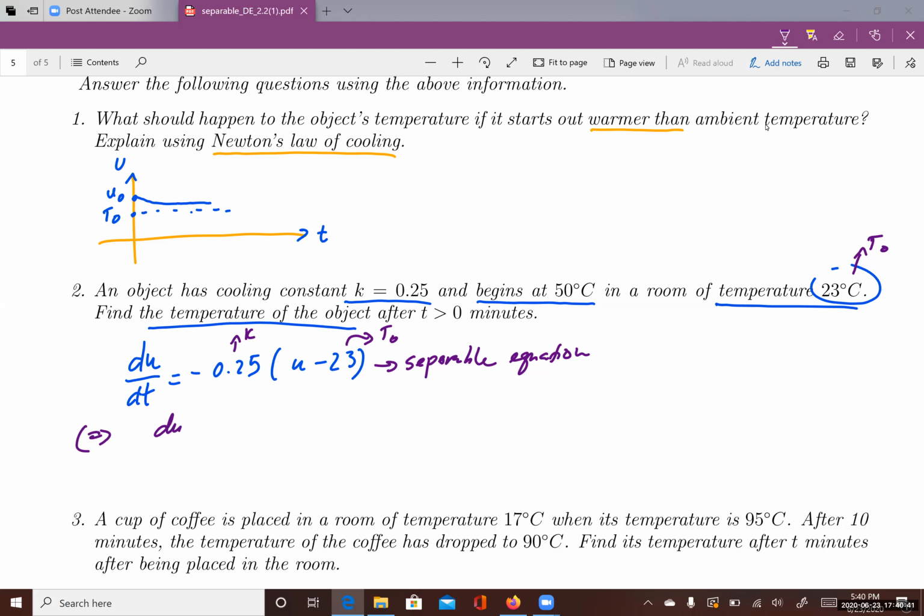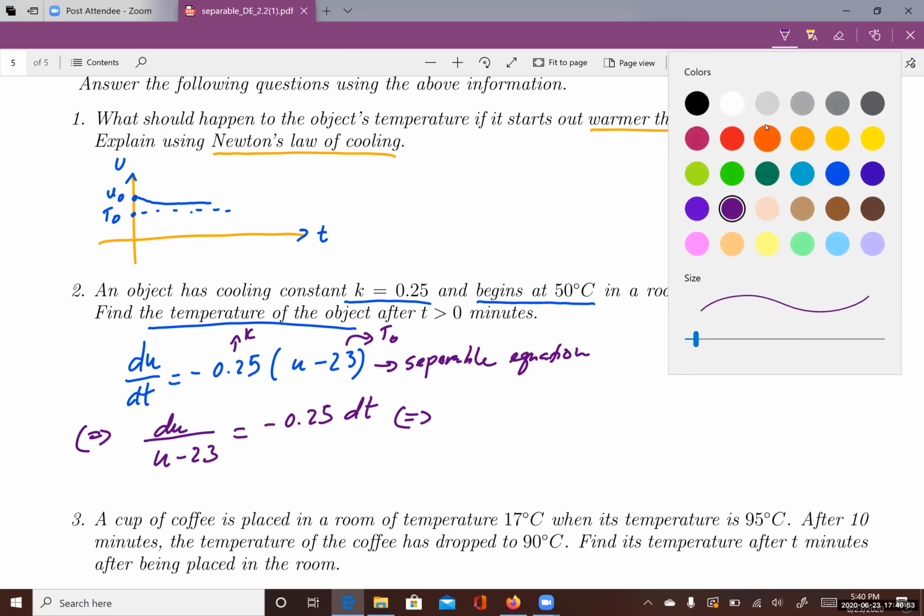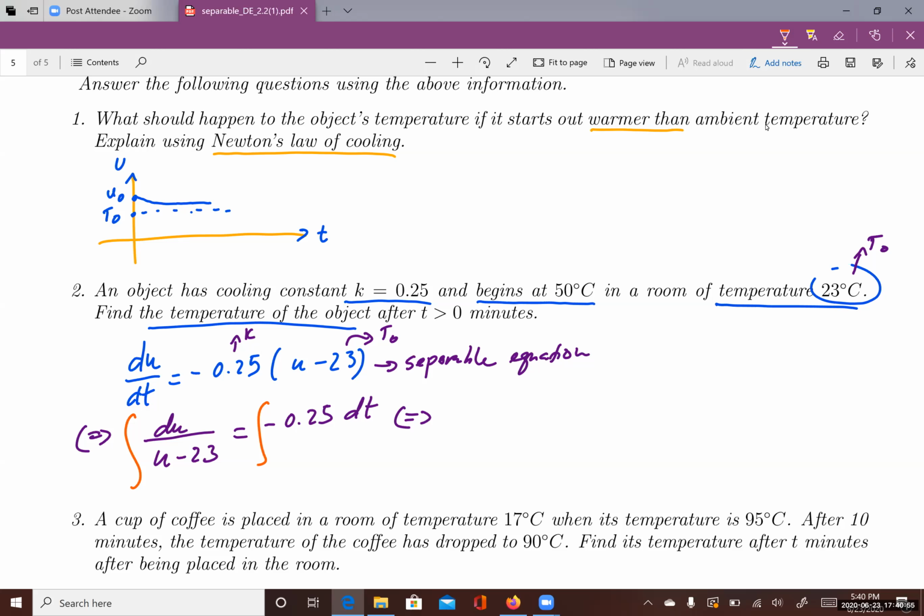We can separate U and t to both sides. So then du divided by u minus 23 equals negative 0.25 times dt. Okay, well, you can integrate both sides to solve for this equation.